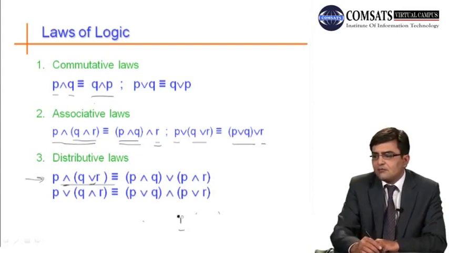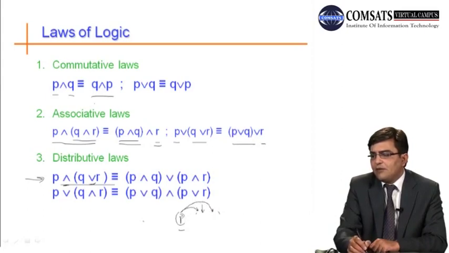First we write P and the first proposition of the bracket, Q, and then in the second step we write P and R. We put these two compound propositions in brackets, and between them we write the operator OR.